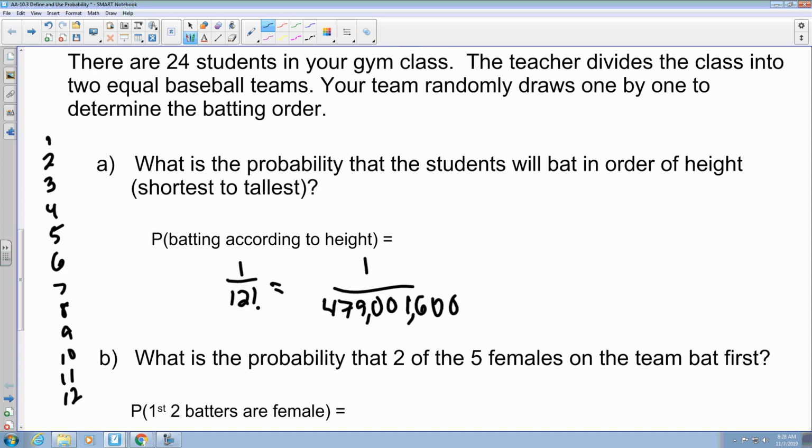So the probability is 1 over 479,001,600. If we put it as a decimal, it would be 0 point, then eight zeros, and then the number two. So it's a very small probability that that is going to occur.